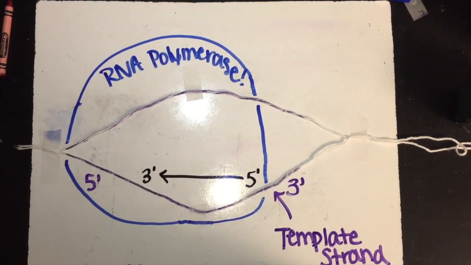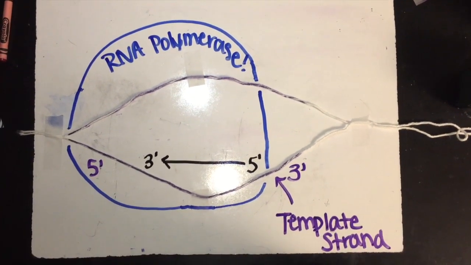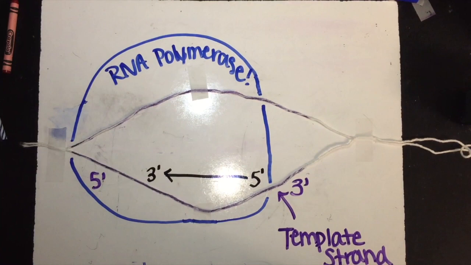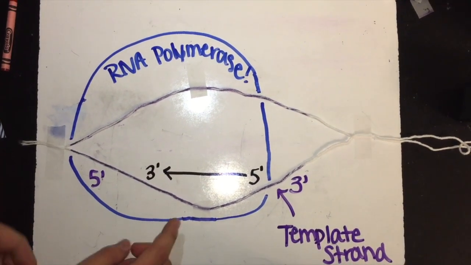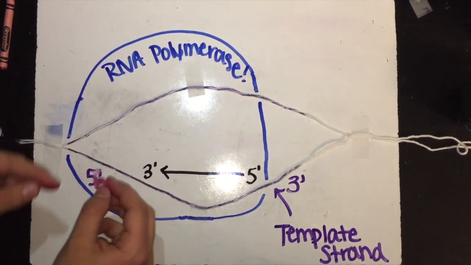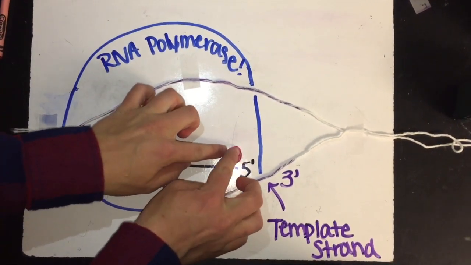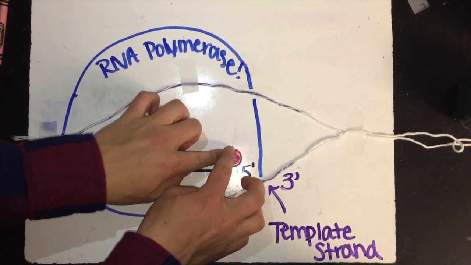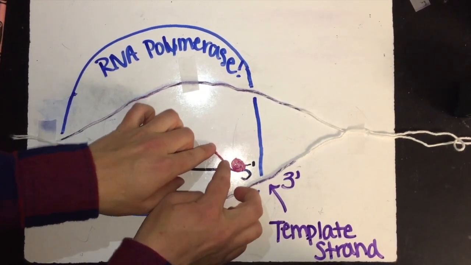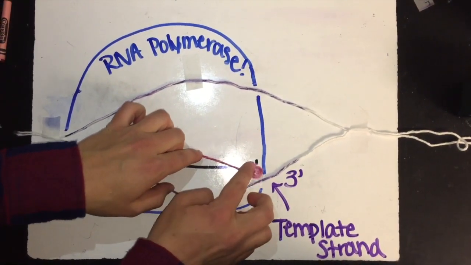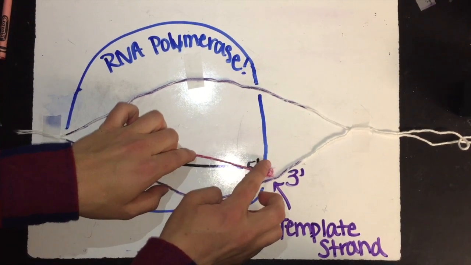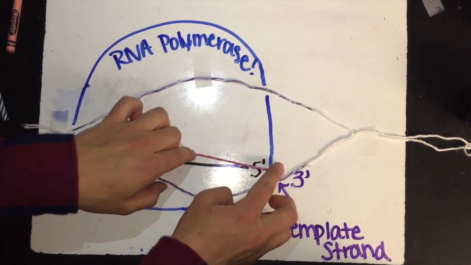Initiation is after the RNA polymerase binds to the DNA. It starts the RNA synthesis at the start point of the DNA template strand, so at the 5' end. Here, during elongation, the RNA adds on to itself in the 5' to 3' direction as the RNA polymerase continues along the DNA and unwinds it.